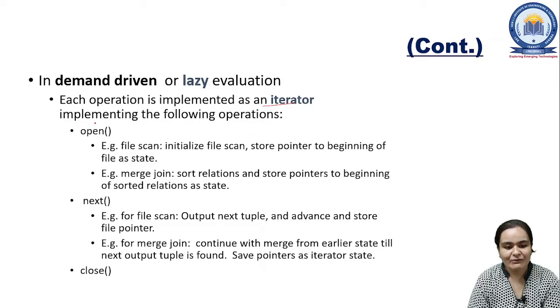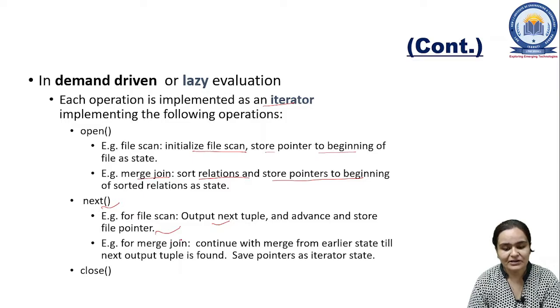If we want to open it, for example to scan a file, it will initialize a file scan and store the pointer to the beginning of the file as its state. For another example, a merge join sorts the relations and stores the pointers to the beginning of the sorted relations as its state. For next, a file scan will output the next tuple, advance, and store the file pointer.